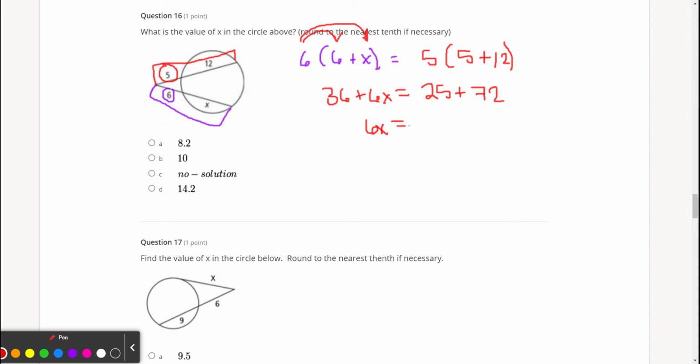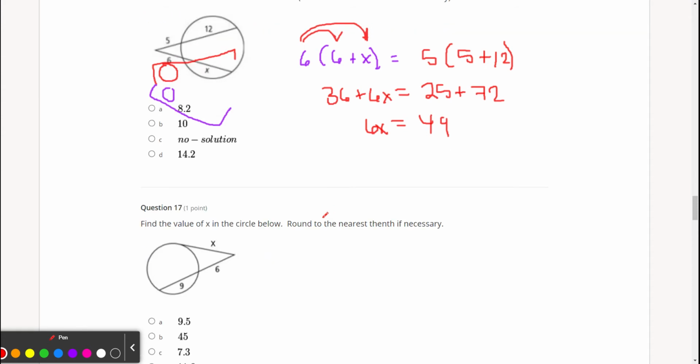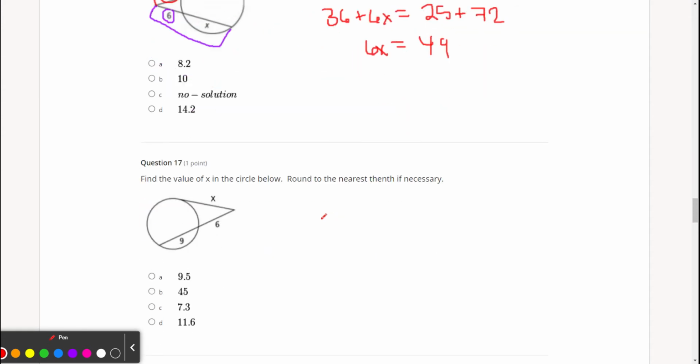I got 49. Maybe I did something crazy though. I got 8.2. No, you got 3.6. Oh yeah, I had 8.16. So 8.2, and we're subtracting 36, right?